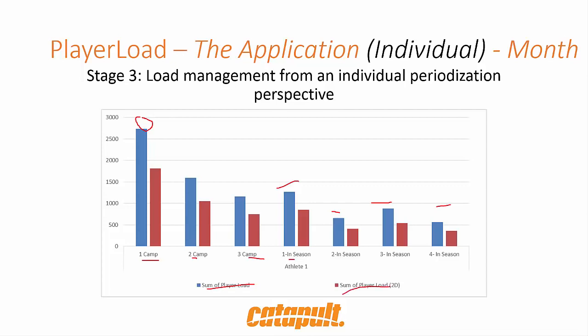The other metric I just put on here, and one to look at and consider, is sum of player load 2D. We're able to actually break up player load in any axes you want, if you want to go forward, sideways, or up. 2D is essentially looking at any type of forward or sideways movement without relation to up.